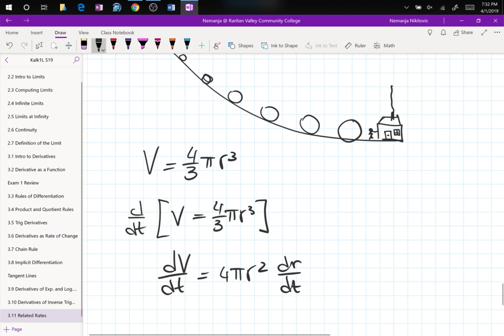And this one tells us the same thing in a different way, because this one shows the growth in radius. How fast is the radius changing, as a growth? If the snowball is melting, that's negative, and then the radius is getting smaller, so that's negative as well. Remember that r squared is always a positive number, that's positive, that's positive. So these two are both positive or both negative, meaning it's growing or it's shrinking.